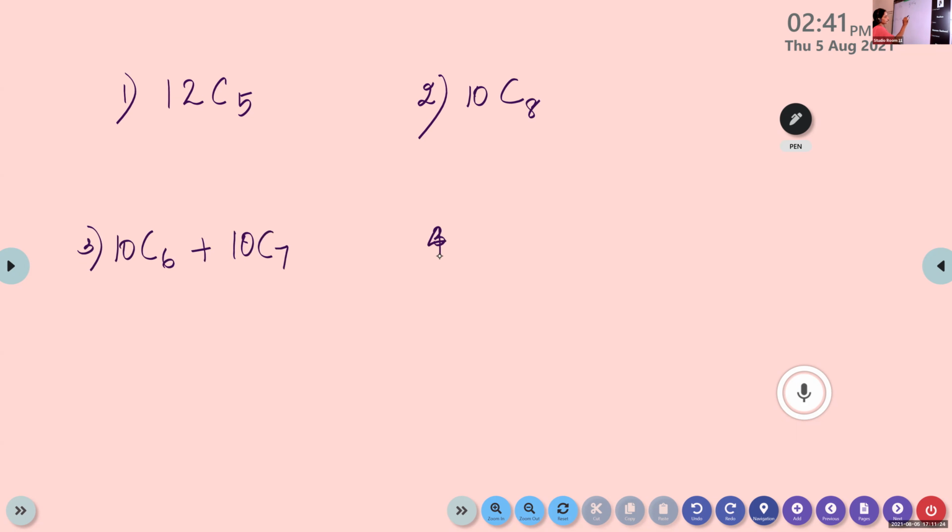The fourth one, 15C8 plus 15C9 minus 15C6 minus 15C7. Calculate this one. Use all the properties and evaluate it.